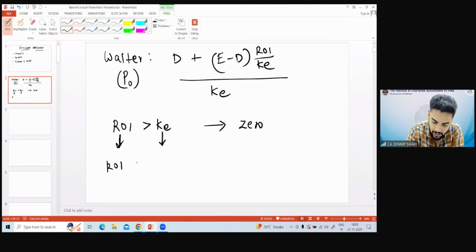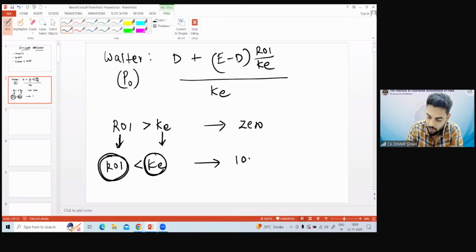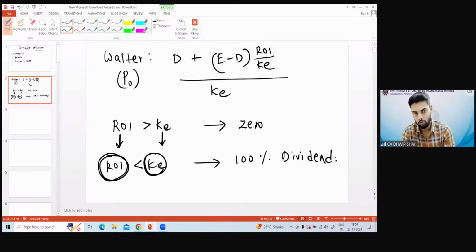Then when ROI is less than KE, it means the company has less earning capacity or less efficiency to multiply the retained earnings than the equity investors. So in that case, it is better to pay off 100% dividend and let investors earn or multiply their returns more. Okay? So Walter's model was an all or no approach.